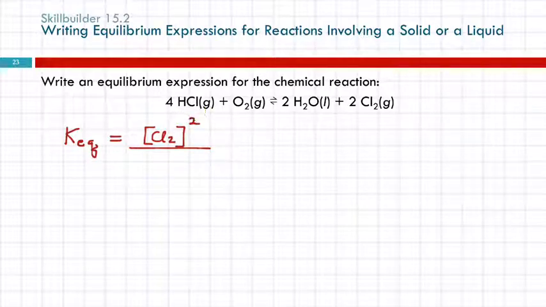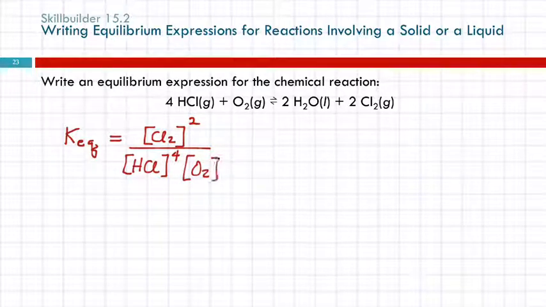Well, this one's a gas, so HCl, and the coefficient is 4, so the exponent is 4. O2 is a gas, so we've got to include that, O2, and its coefficient is 1, and so the exponent is 1. And there's the equilibrium expression for that reaction.